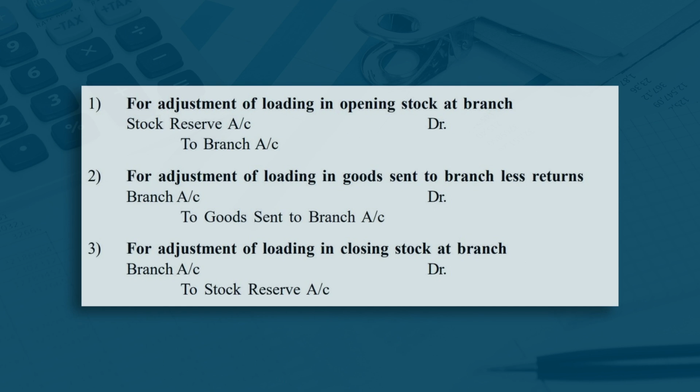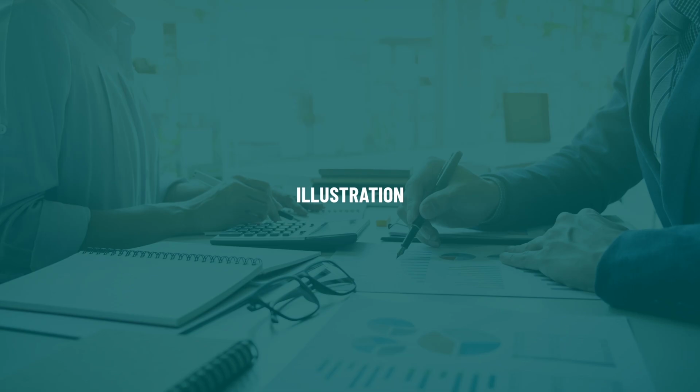This was the journal entry in case of opening stock. In case of closing stock, this journal entry must be reversed, and the entry must be branch account debit to stock reserve. Yes, it is branch account debit to stock reserve. Now, with the help of an illustration, we can easily check it.